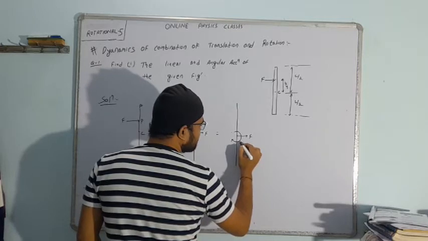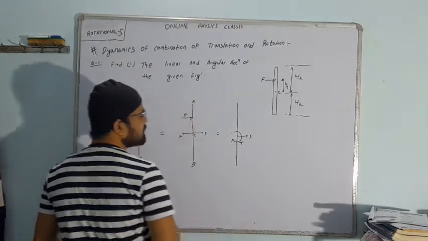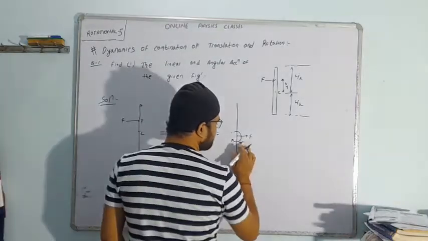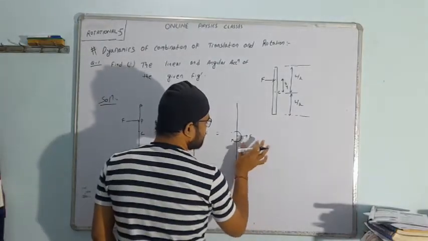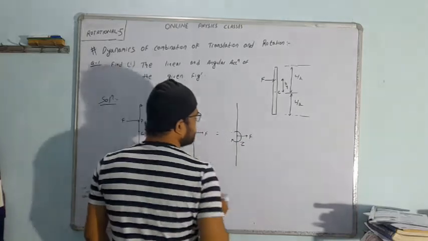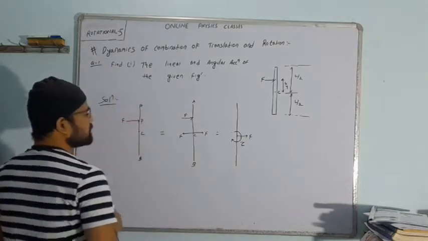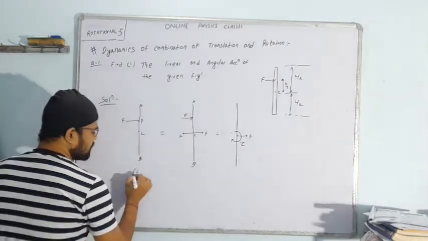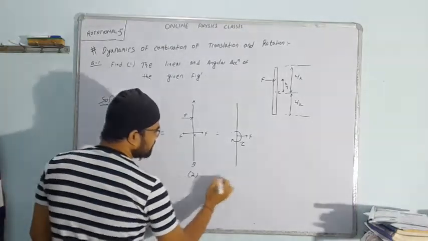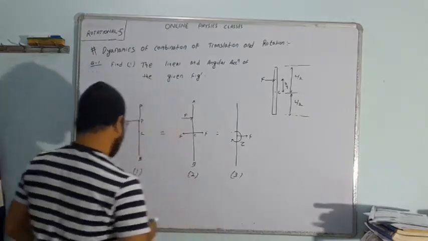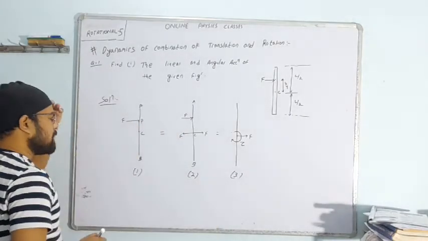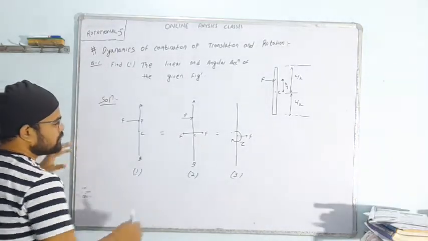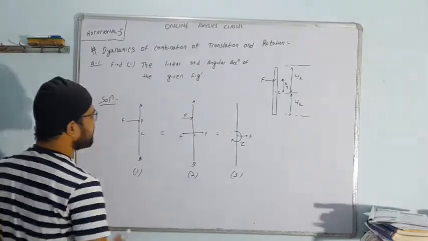Let's suppose this torque is tau. So we get from figure 1 to figure 2 to figure 3. We do this because we want to convert the motion into translation plus rotation.